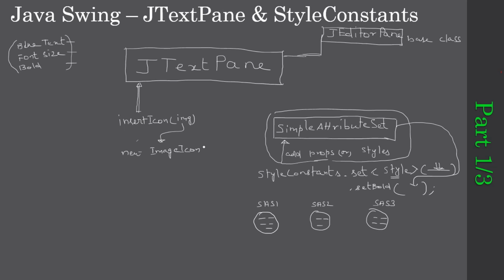Here you can create a new image icon by specifying the path to the image, and then use that image icon to insert the icon at a specific location in the text pane. You can also insert text, and when inserting text, you can set all these attributes.